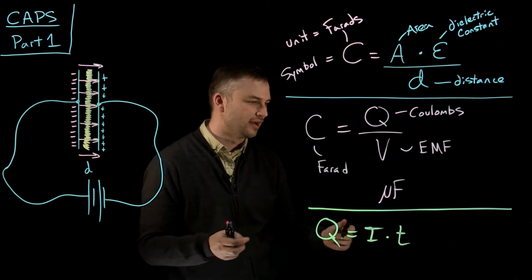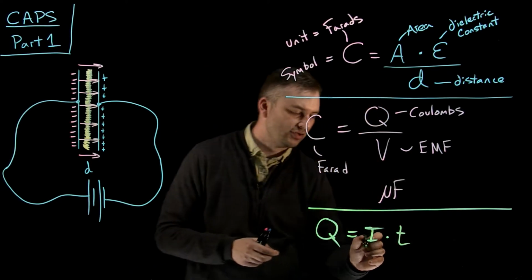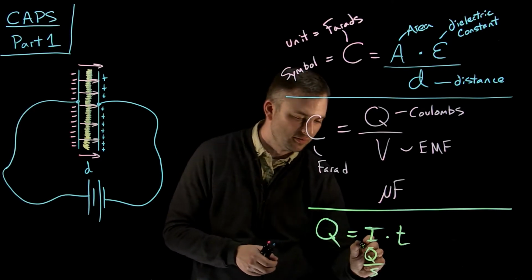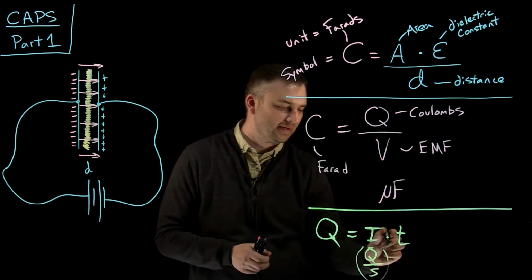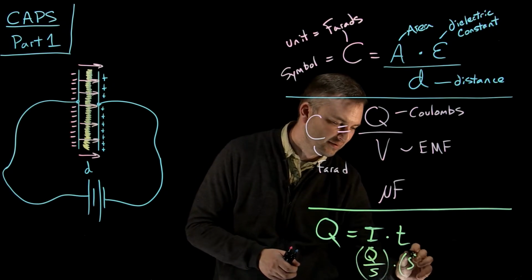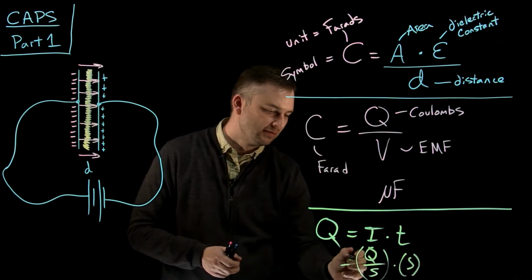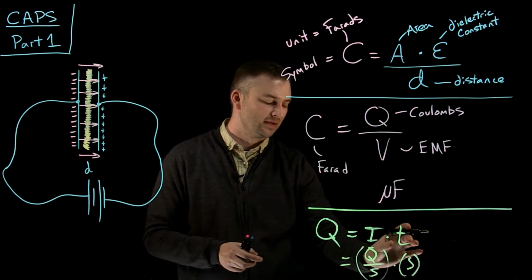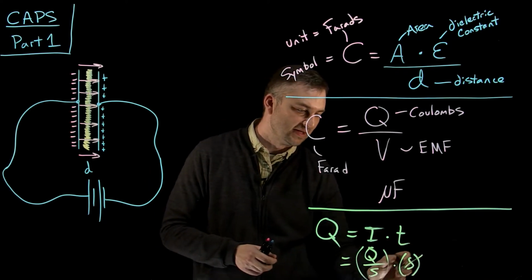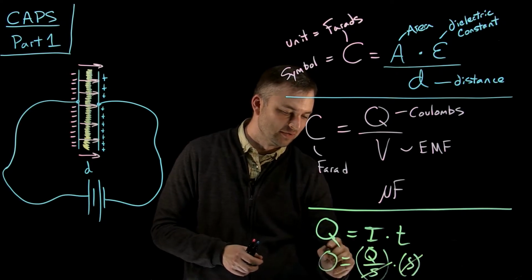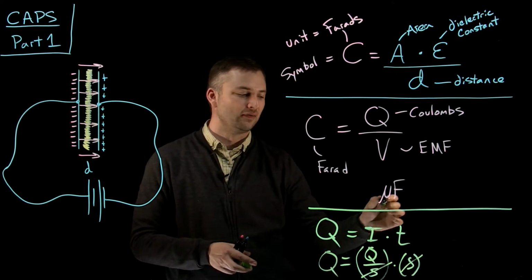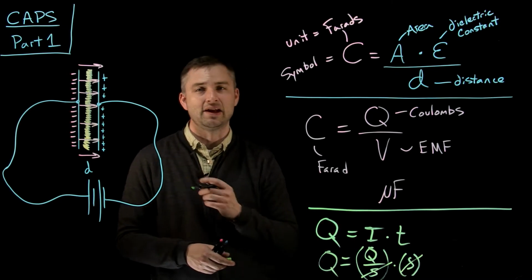If we break that down, the amperage is charge per second, and time is in seconds. So we take Q divided by S multiplied by S. The S's cancel, and all we're left with is Q. So we can prove that I, the current, for a given amount of time, dictates how much charge is on there.